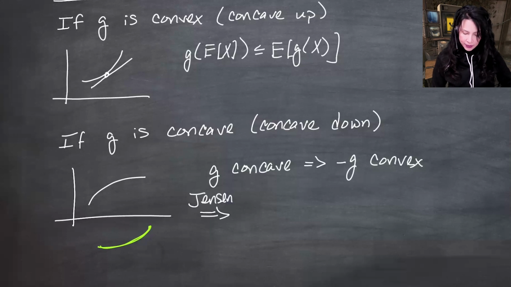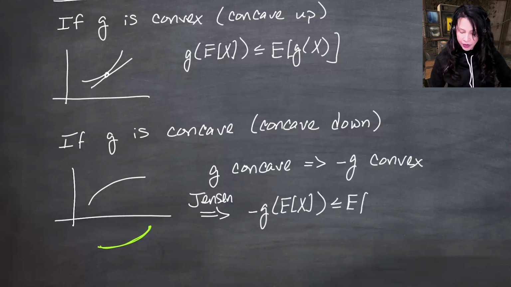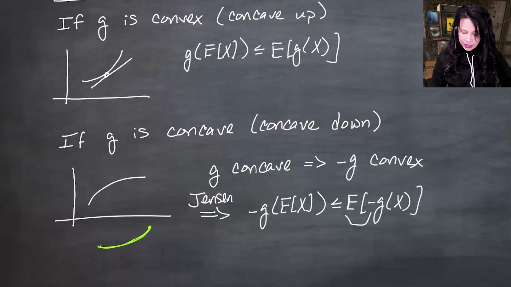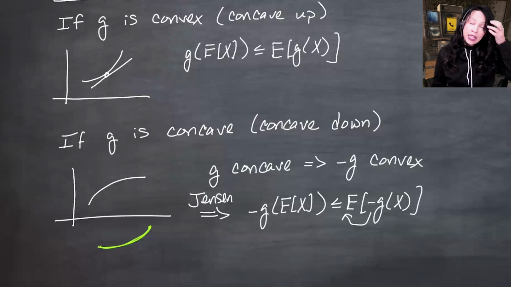So this means by Jensen's inequality that negative G of the expected value of X is less than or equal to the expected value of the negative of G of X. You can pull this negative out. There's a negative on both sides. If you don't just want to cancel those, you think of it as multiplying both sides by -1.